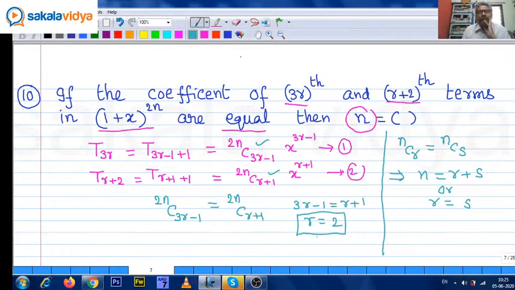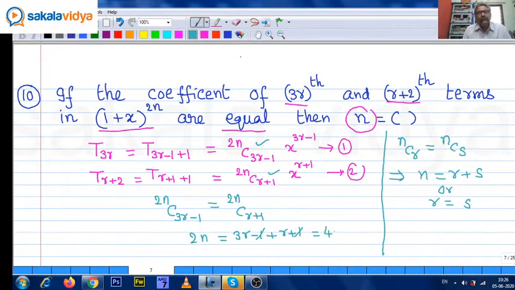So now 2n is equal to r plus s. What is the value we need to find out now? n value we need to find out. So 2n equals to (3r minus 1) plus (r plus 1). 1 cancel.